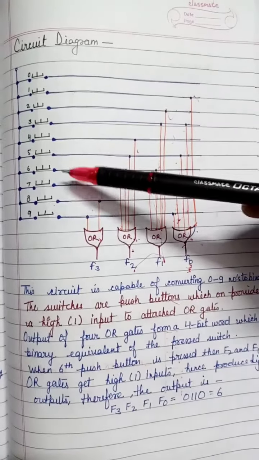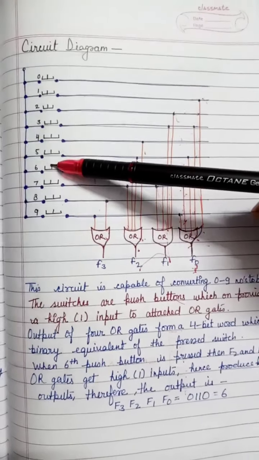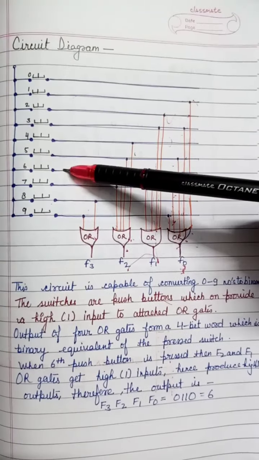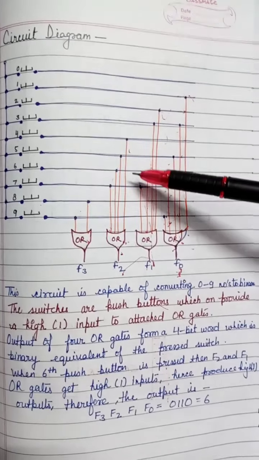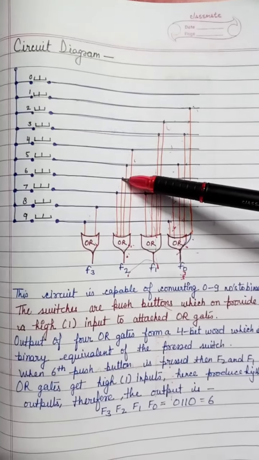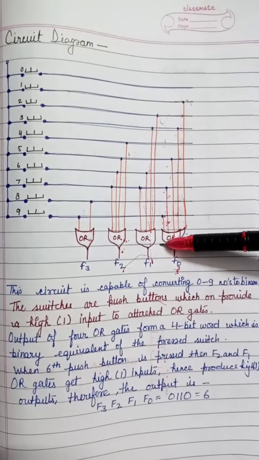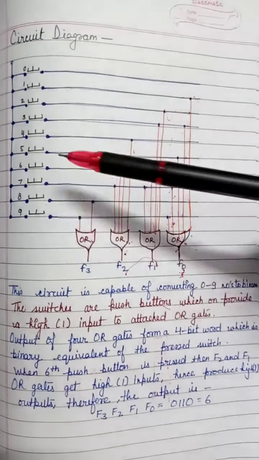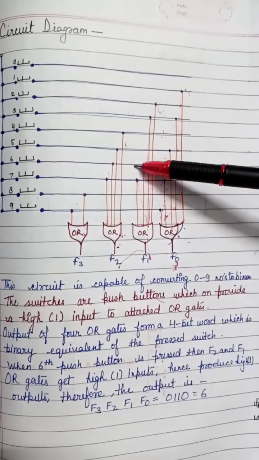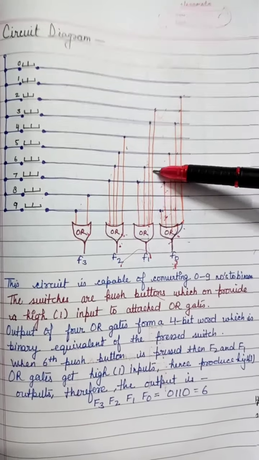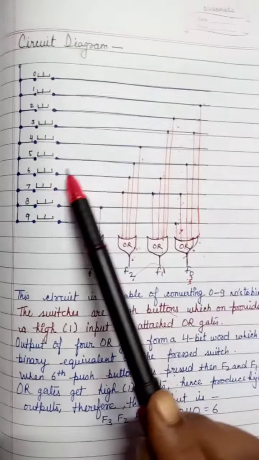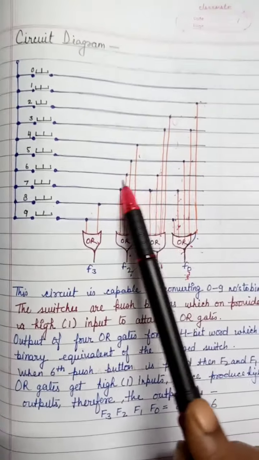Suppose you press the 6th push button, this one, then F2 and F1. If you press this 6th push button or switch, then the F2 and F1 OR gates are getting high inputs. In this line only F2 and F1 are there.